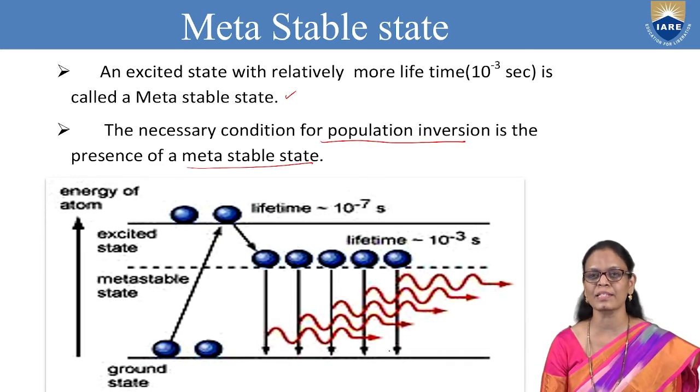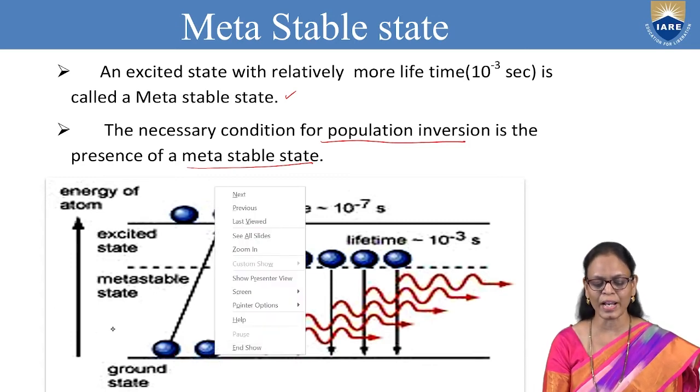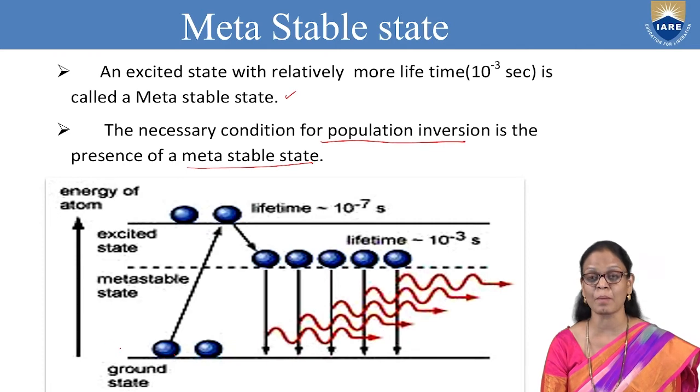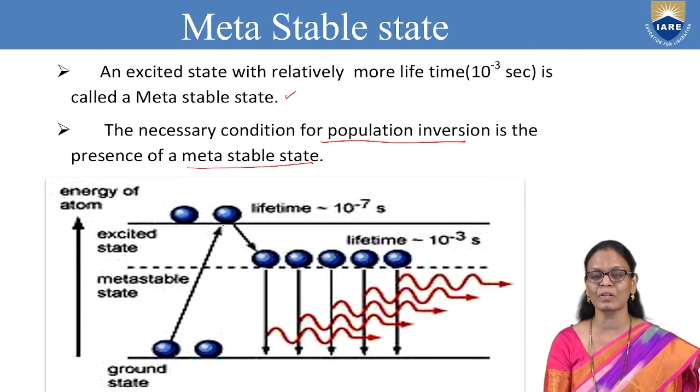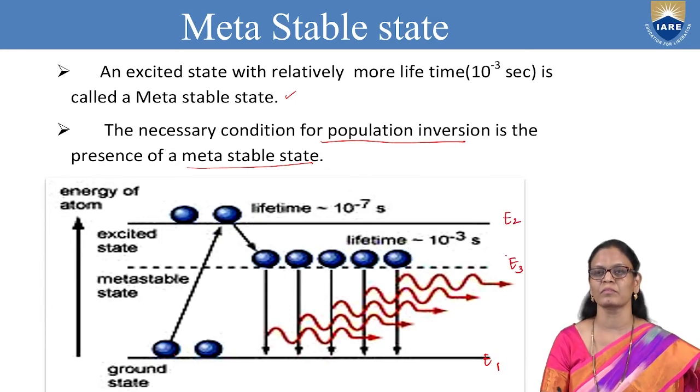This is the ground state where initially the atoms will be, and when we are exciting, meaning when we are supplying an external energy, these atoms will go to the excited state. We will call this E1, this is E2, and this is E3.